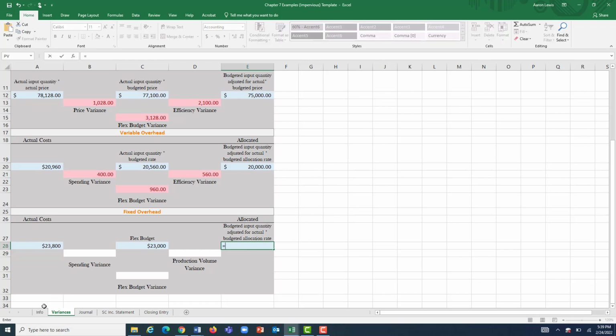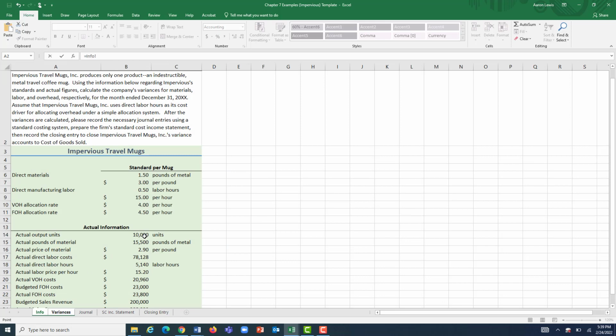So let's go to our info and take the actual amount of mugs that the company made, which was 10,000. Multiply it by the amount of the driver that we had predicted at the beginning of the period was going to go into each mug that we produced, which, since our driver is direct labor hours, is half an hour of direct labor.